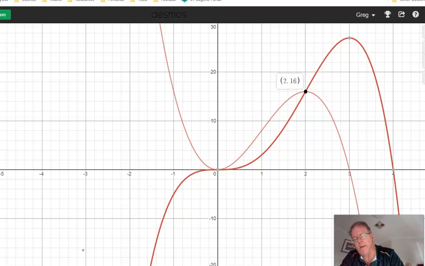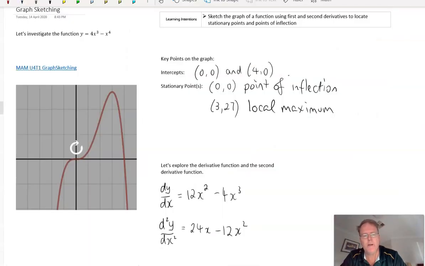So the gradient of the original gets larger and larger and larger, and at that moment there, it heads back towards 0 again. If you want to put a ruler on there and trace it along with the ruler or your hand, the gradient function illustrates that. So the point 216 is significant, so we might just make a note of that point.